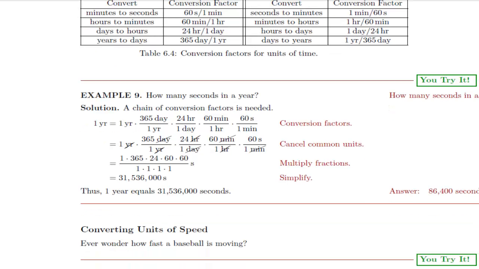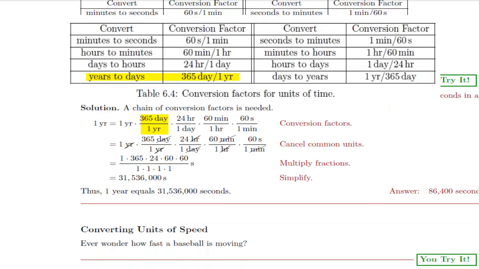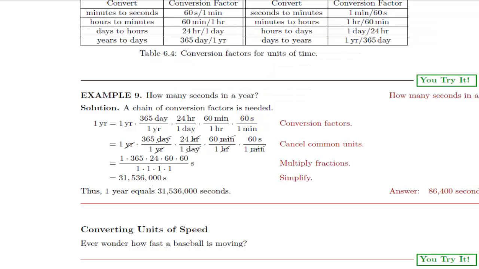To convert from years to days, we'll use conversion factor 365 days in 1 year. To convert from days to hours, we'll use conversion factor 24 hours in 1 day. To convert from hours to minutes, we'll use conversion factor 60 minutes over 1 hour. To convert from minutes to seconds, we'll use conversion factor 60 seconds over 1 minute. So 1 year equals 1 year times all the conversion factors.